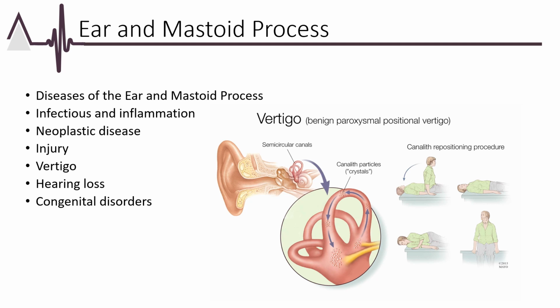Symptoms of vertigo can include a feeling of spinning or movement, nausea or vomiting, sweating, headache, abnormal eye movements, difficulty standing or walking. Treatment for vertigo depends on the underlying cause, but may include medications to relieve symptoms, physical therapy to help with balance and coordination, or surgery in severe cases.